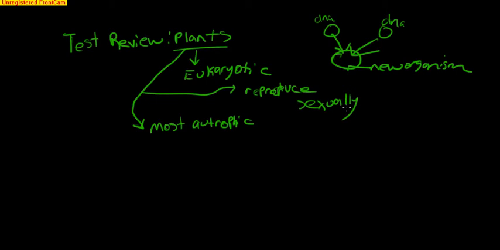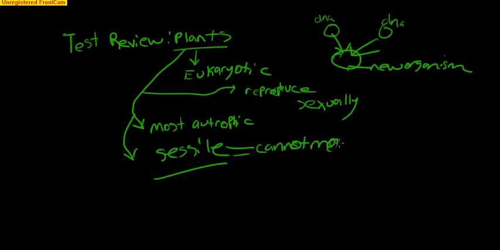And in terms of motility, which basically is movement, obviously plants are sessile, which means they're planted in the ground and can't move. But it says in the book that some of the gametes are motile, which basically means they can move.